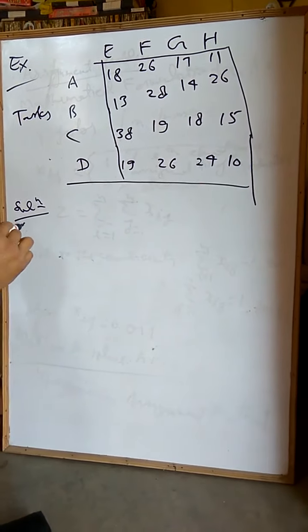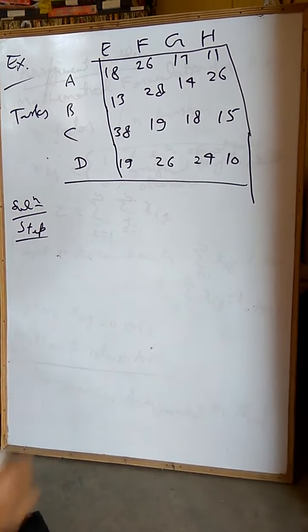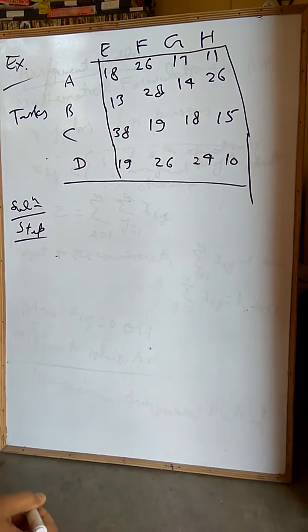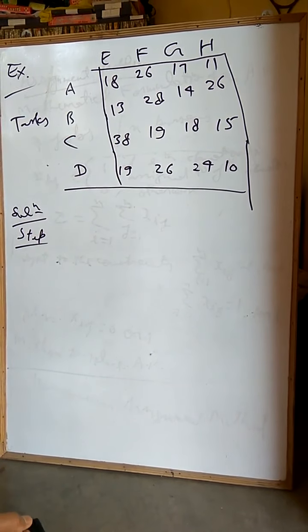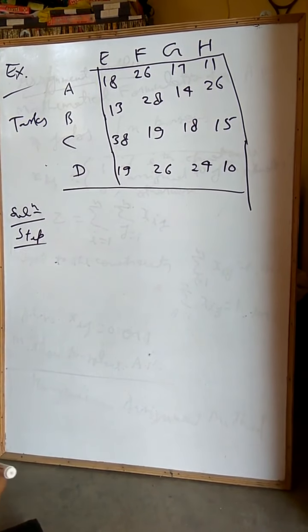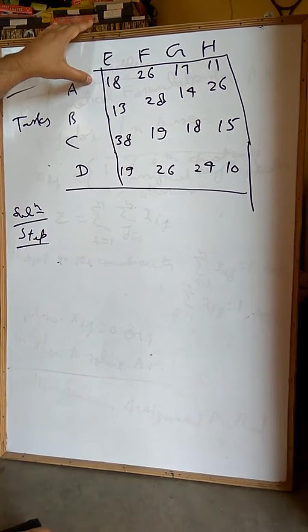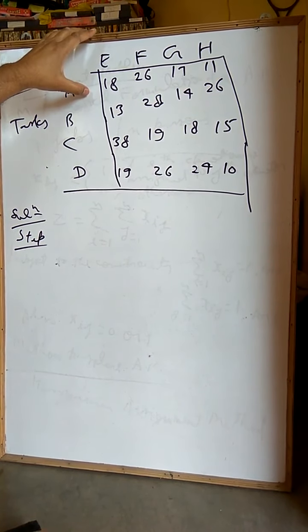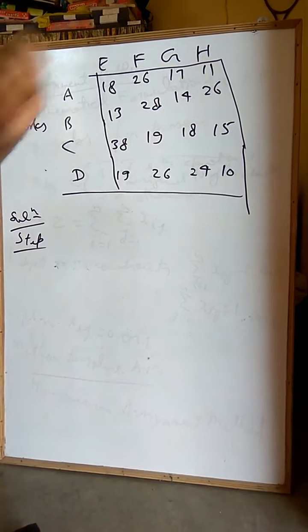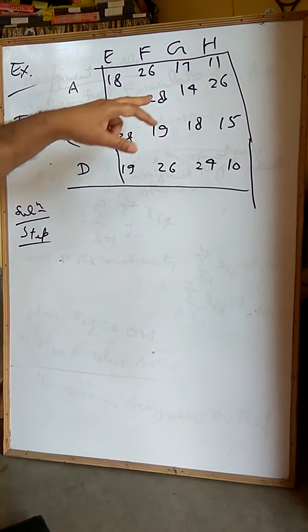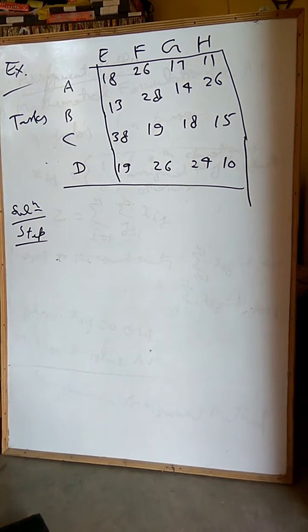In step 1, we need to make zeros in each row and in each column. It can be done by subtracting the smallest element of each row from all other elements of that row, and the same will be done for the columns.